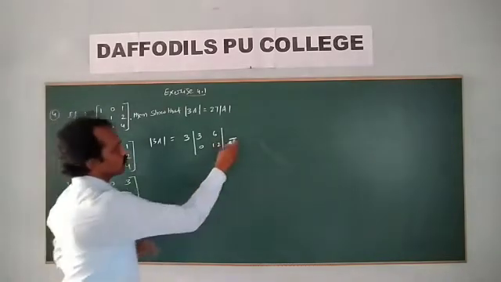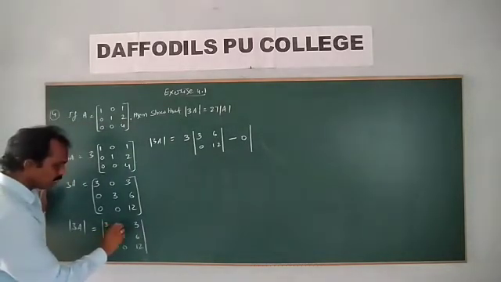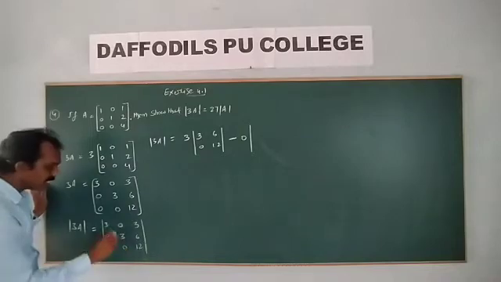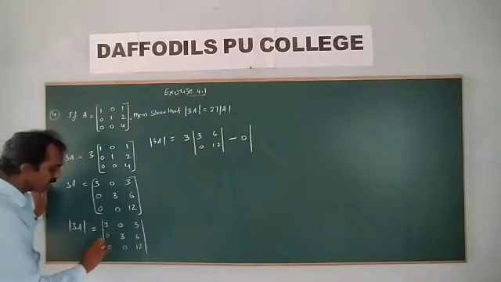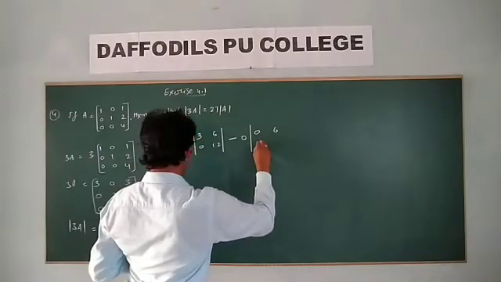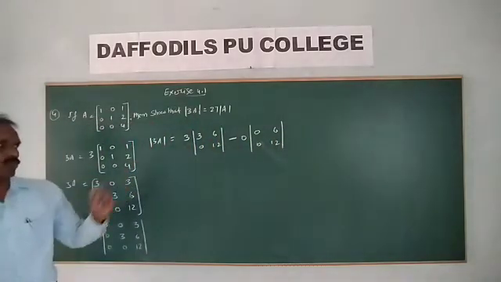That implies 0 times the determinant of the remaining values [0, 6; 0, 12]. Anyway, 0 times something is 0.